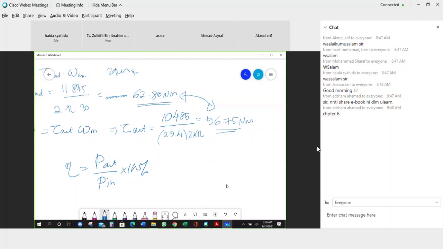So next week kita akan buat sedikit lagi pasal synchronous machine. Next week I will touch on the maximum torque and also some portion of the synchronous machine that have not yet been covered.